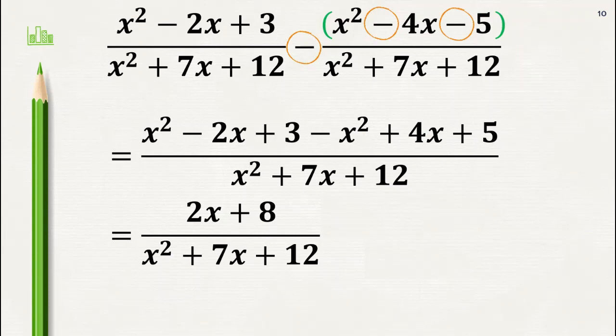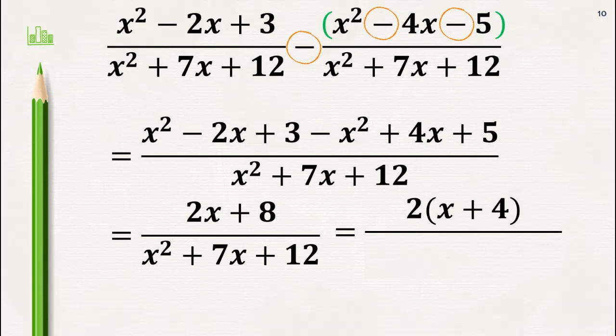2x plus 8 have a common monomial factor. Their common factor is 2. So 2x divided by 2 is x. And 8 divided by 2 is 4. So we have 2 times x plus 4, all over the factors of our denominator, x plus 4 times x plus 3.